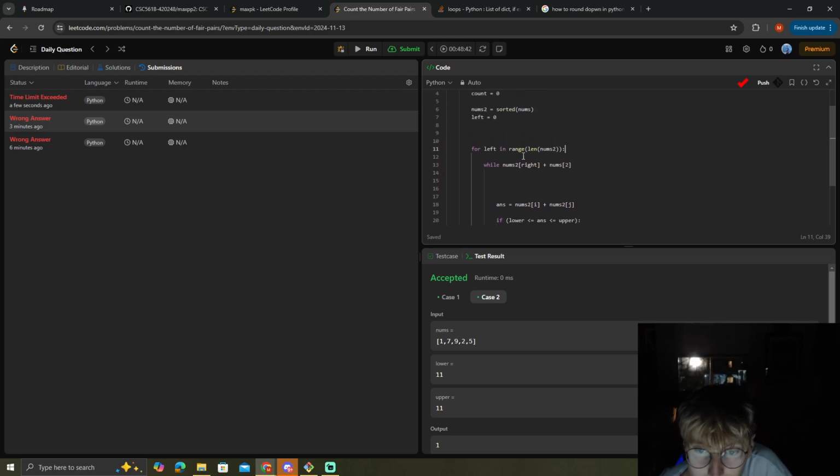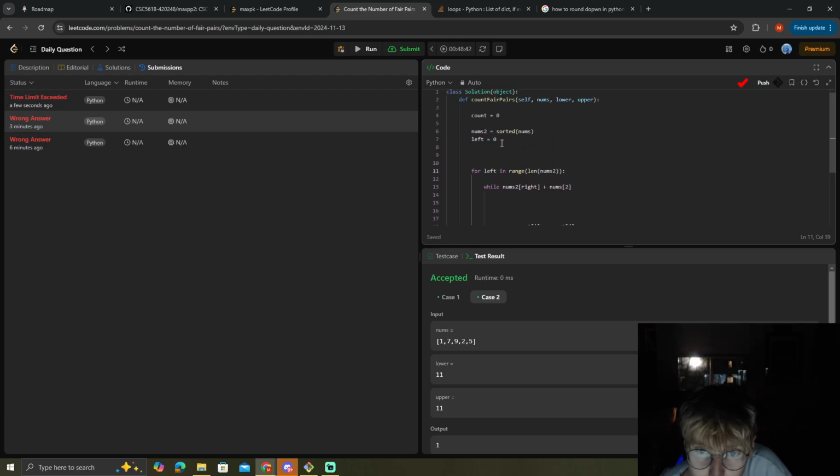Count is equal to 0. Sort nums2, left is equal to 0 and right is range length nums2.